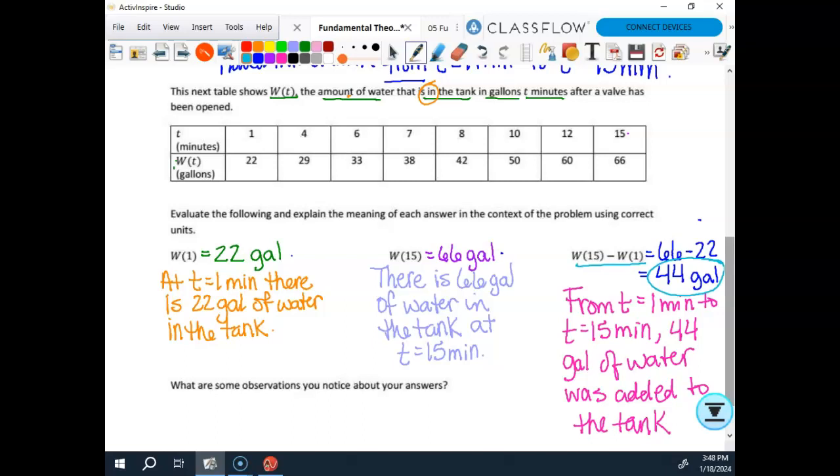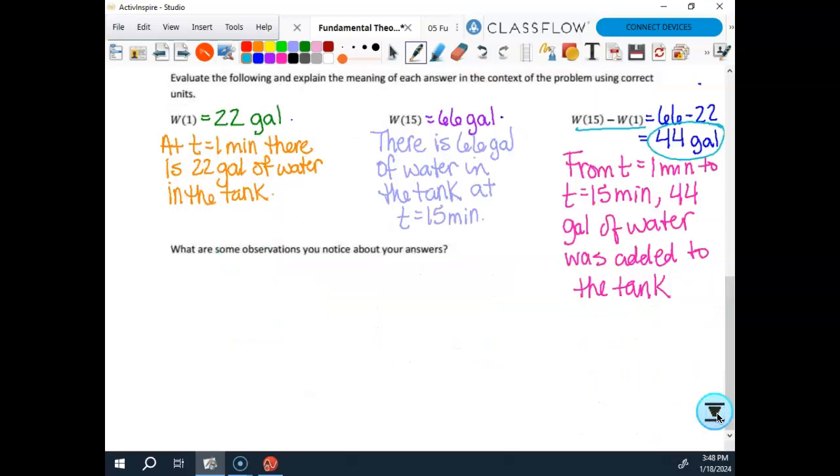So what we can get from this: we had a chart with rates, we had a chart with amounts. But we can see that if we take the accumulation, so the integral from 1 to 15 of w prime of t dt, right?